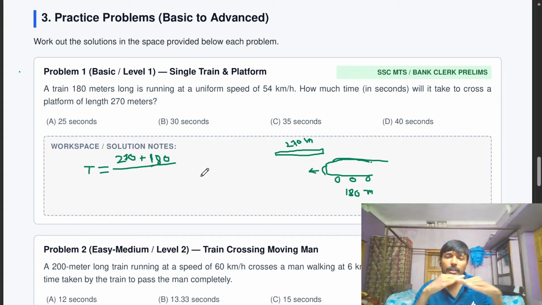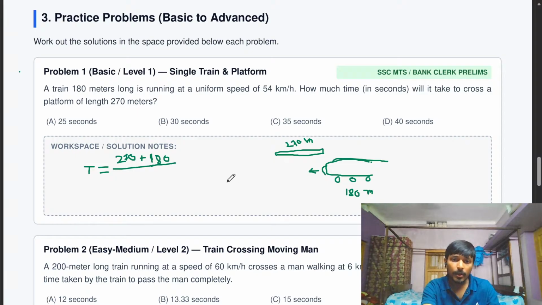Now, speed. This is distance. Time equals distance divided by speed. Now, the speed is 54 kilometers per hour, so we have to convert it into meters per second.